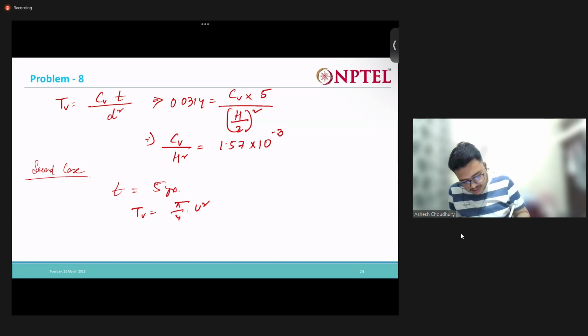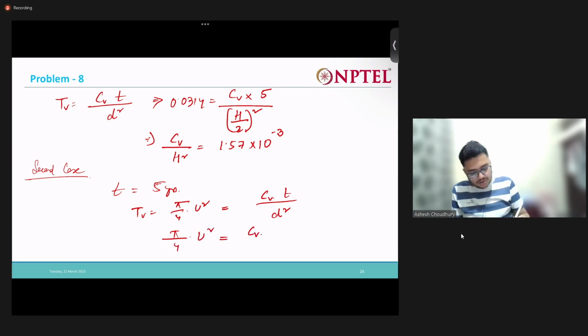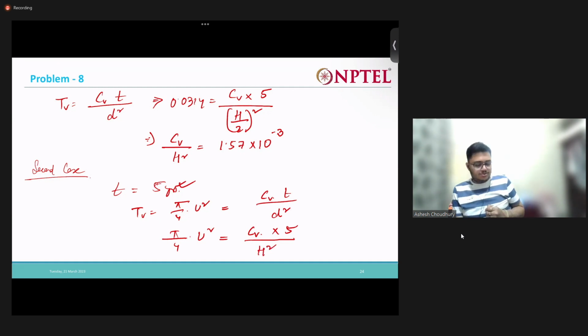Now this again is TV equal to CV T by D square. So pi by 4 into U square is equal to CV T by D square. T is 5. What is D here? Now it's not H by 2, it's H only, so H square. CV by H square I know.